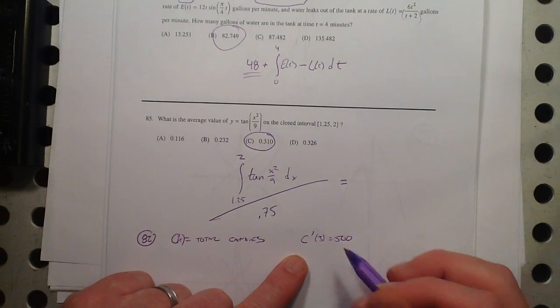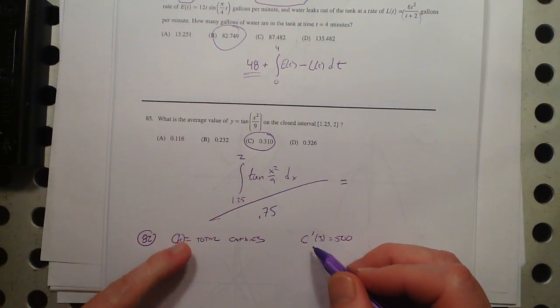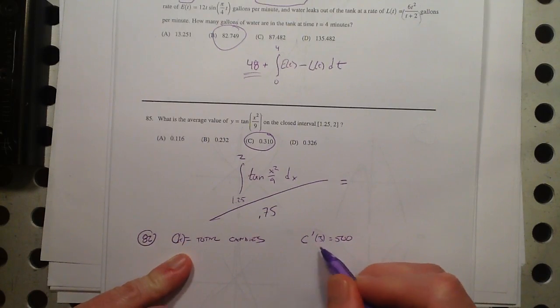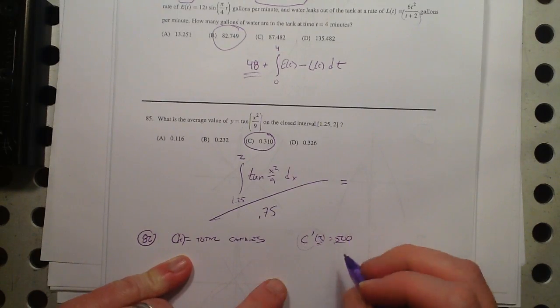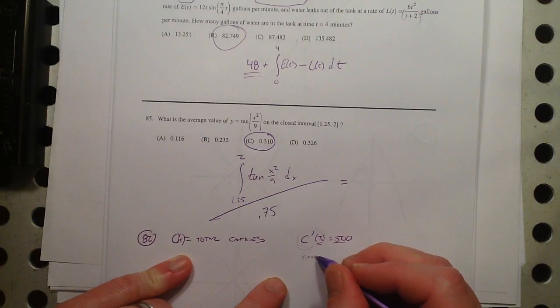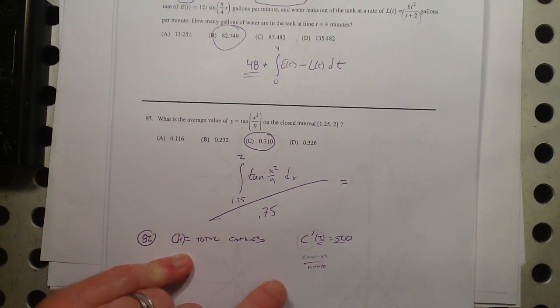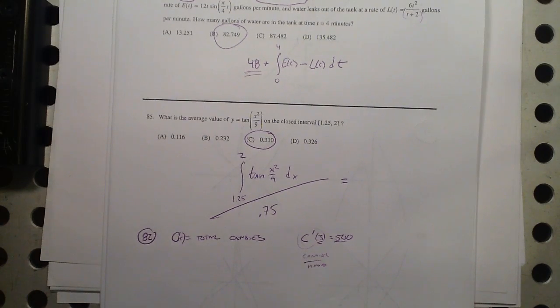So this is the derivative. That's the rate that candies are being produced at time 3. So the rate that candies are produced, that would be in candies per hour, at time 3 is 500. So the factory produces 500, so A is not right. Factory produces 500, that's not right either.